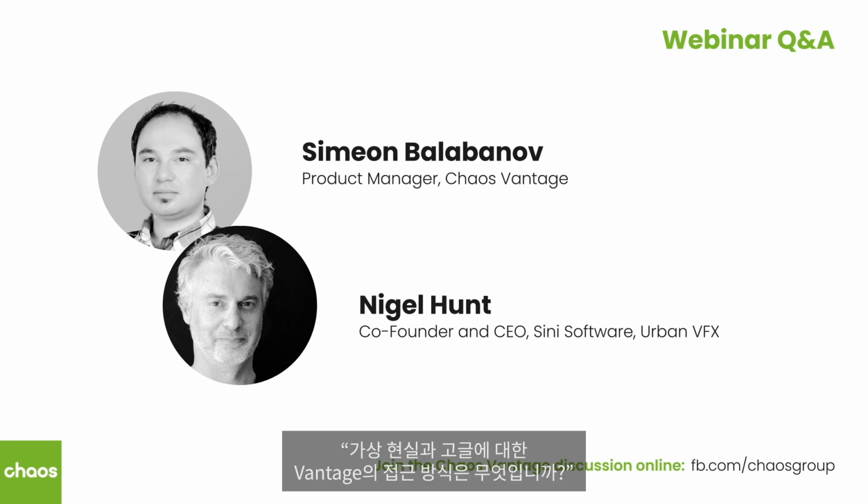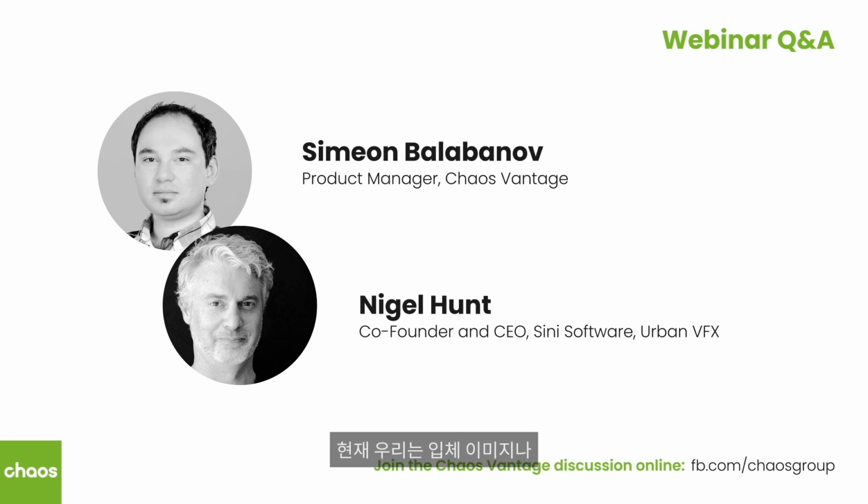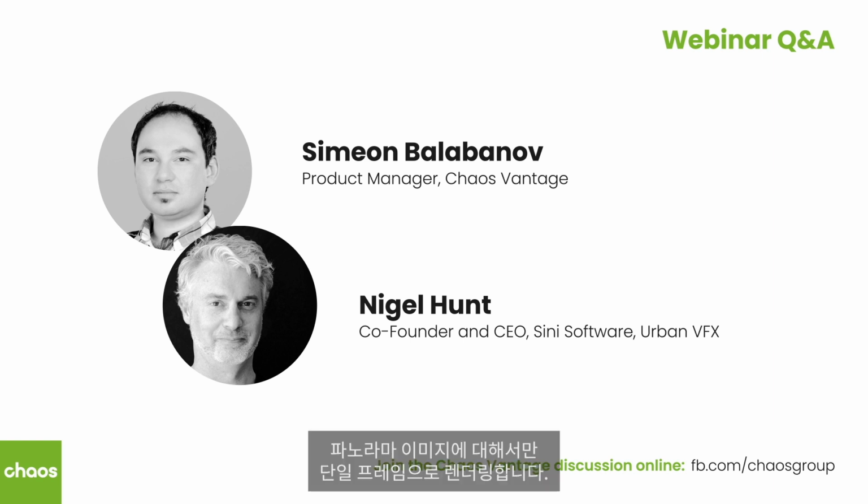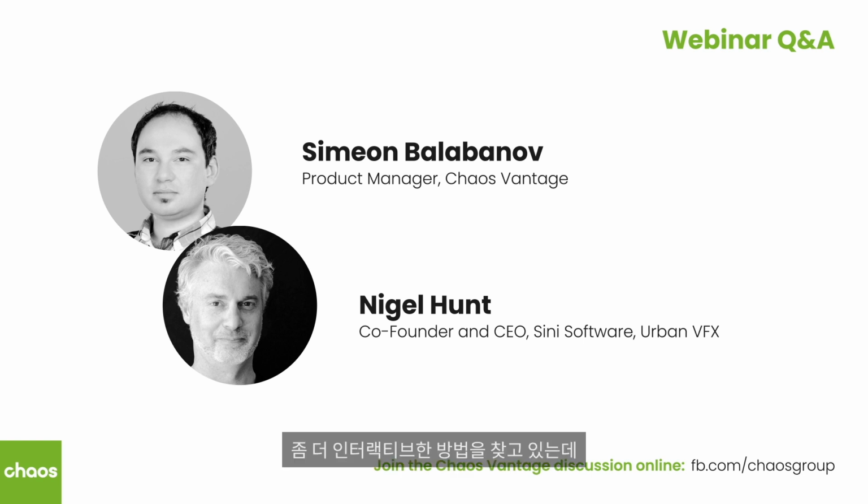What is Vantage's approach to virtual reality and goggles? Currently, we only render to stereoscopic images or panoramic images as a single frame. We are looking into ways to make it more interactive. And the issue with that is the frame rate.